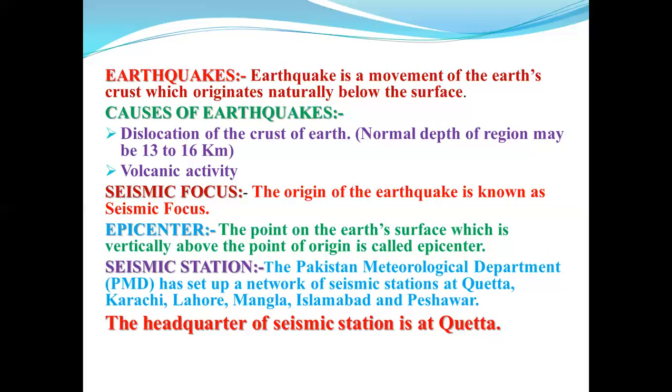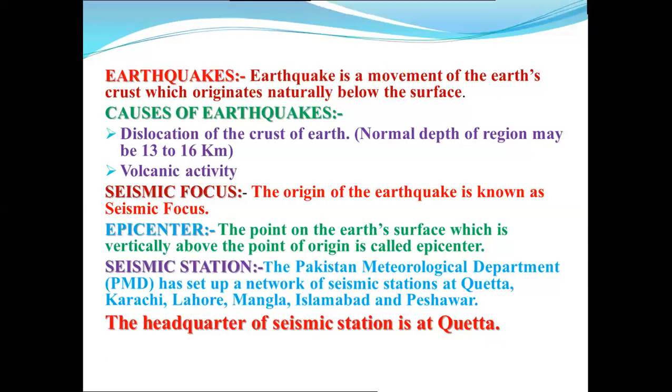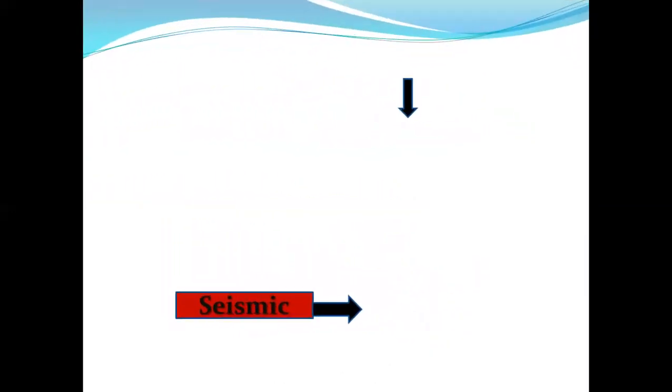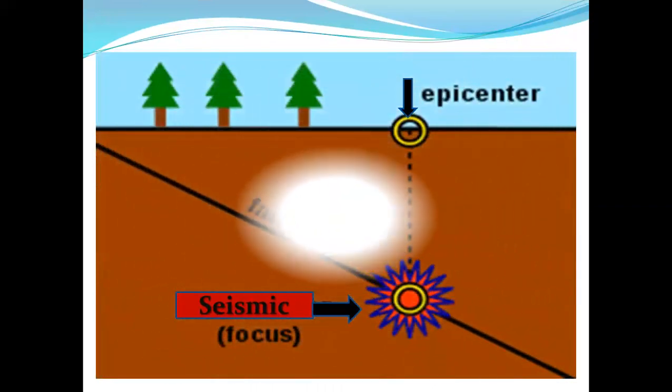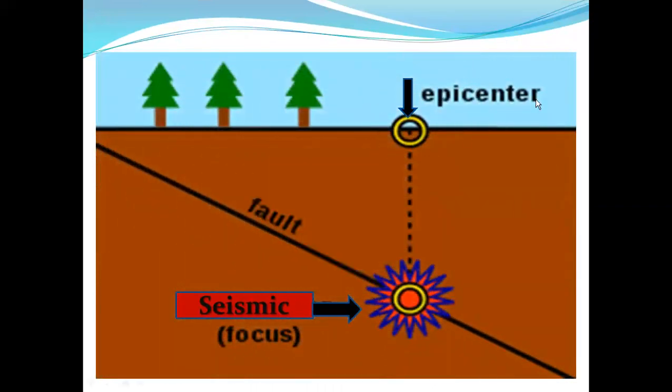Next, I will explain these two points, seismic focus and epicenter, by a diagram. You can understand very clearly here. See, this is the inside of the earth, and here is the seismic focus. Earthquake activities start from here.